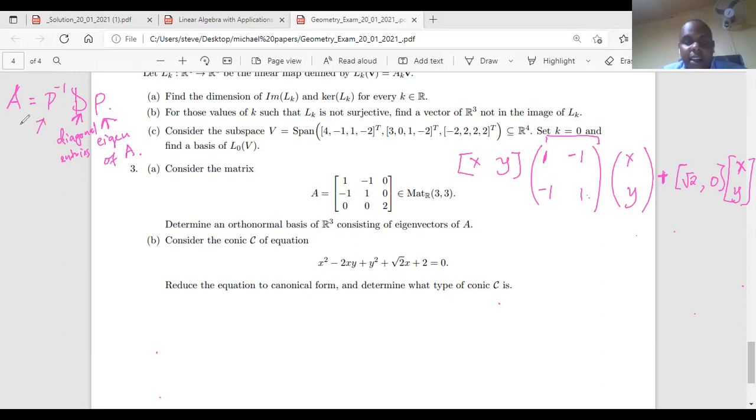So let's get the eigenvalues. Can you get the eigenvalues of A? So the eigenvalues of A would be 1 minus lambda.